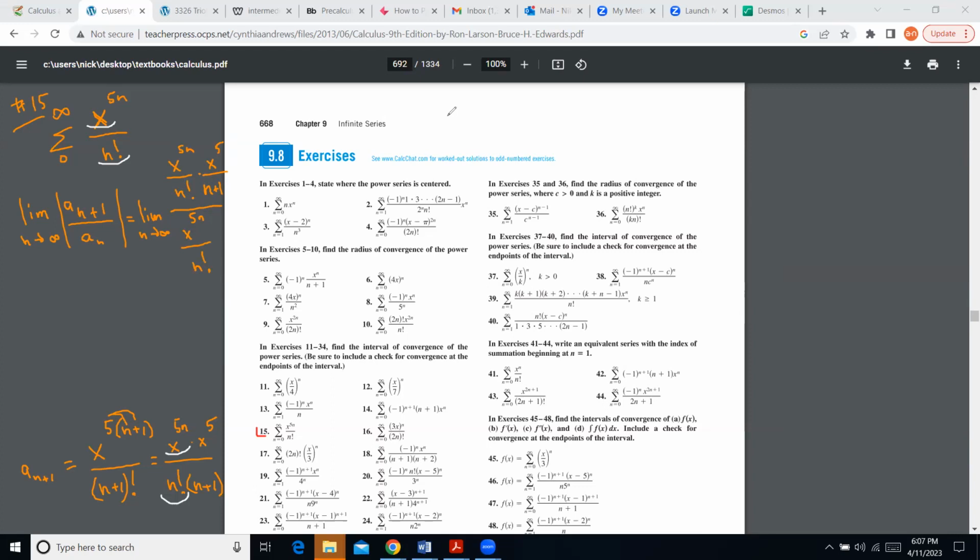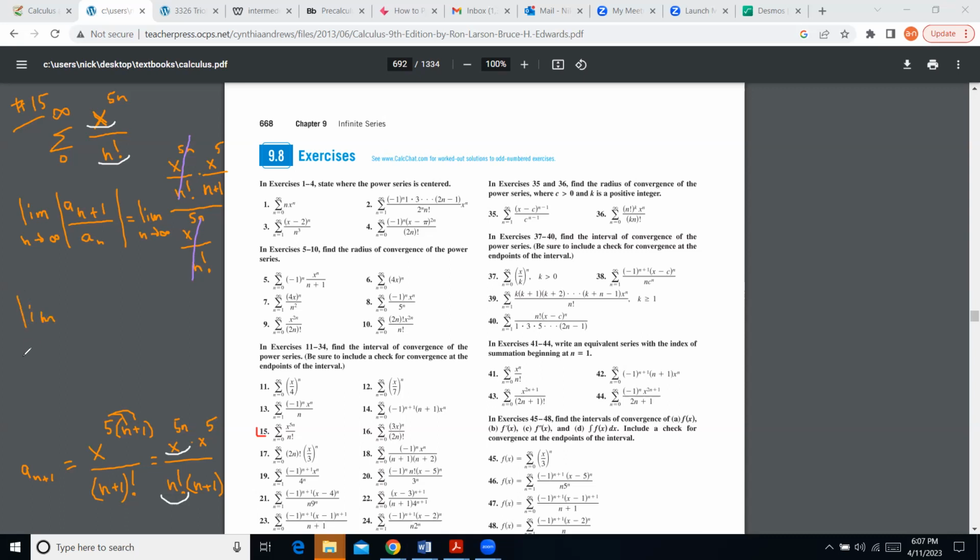What I can already see is that these two fractions are going to cancel each other out. And then what happens in the next step? Looks like the limit that I'm left with is going to be 0, right?